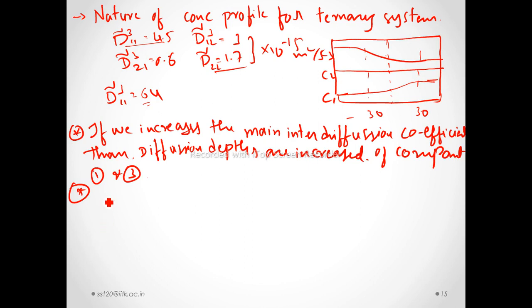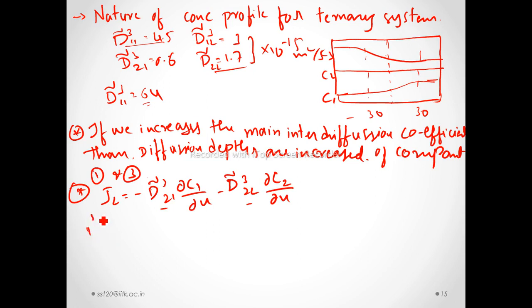For the reason, I have to write the flux for J2 first. This is a cross coefficient, this is a main coefficient.